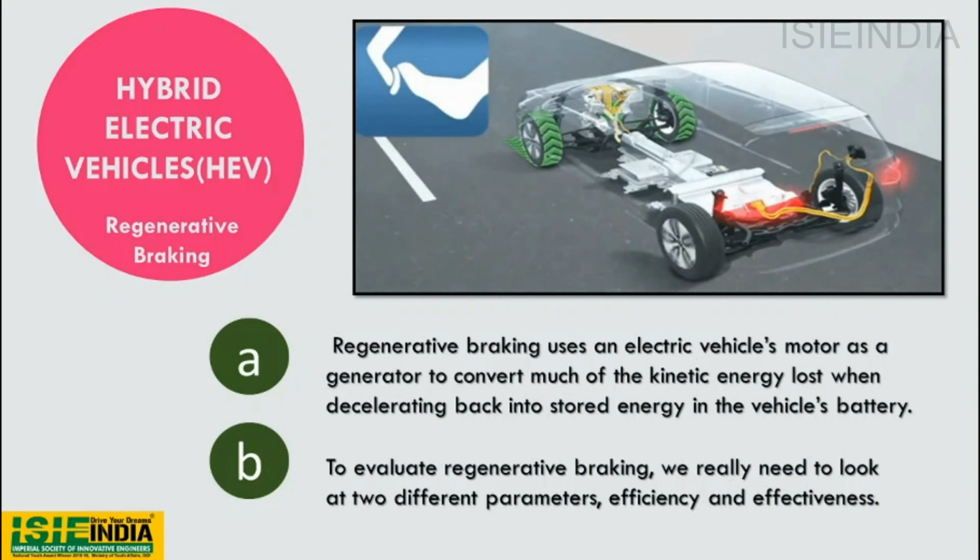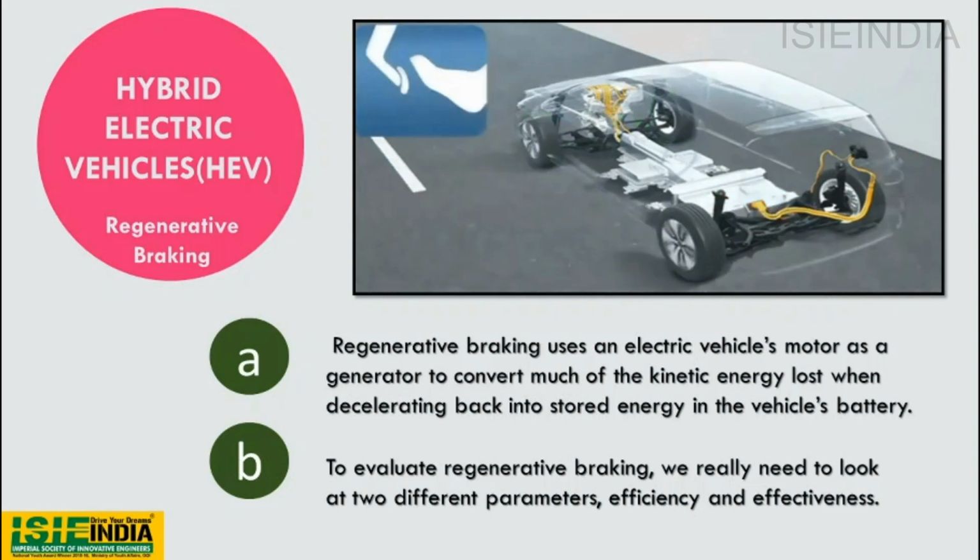As you all know, no machine can be 100% efficient, and any transfer of energy will inevitably have some losses such as heat, light, noise, etc. Coming to the efficiency of the regenerative braking process, it varies across vehicles, motors, batteries and controllers, but is often somewhere around 60 to 70%.